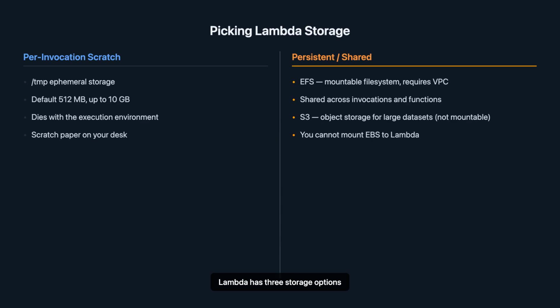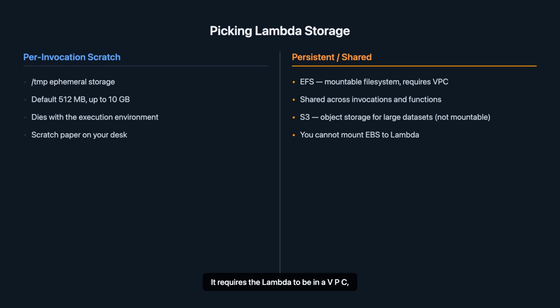Lambda has 3 storage options, and the exam wants you to pick the right one for the scenario. The /tmp directory is per invocation scratch space, handy for a CSV you're parsing, but it dies with the execution environment. Think of it as scratch paper on your desk. EFS is a mountable file system that gives you persistent storage shared across invocations and even across different functions.